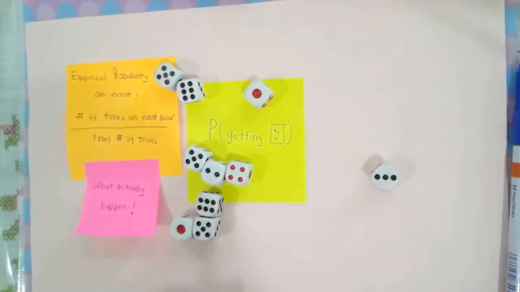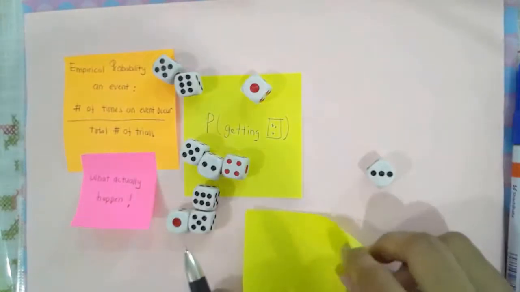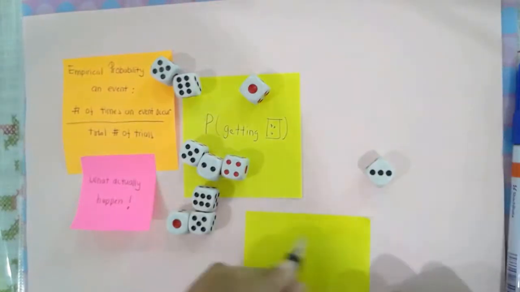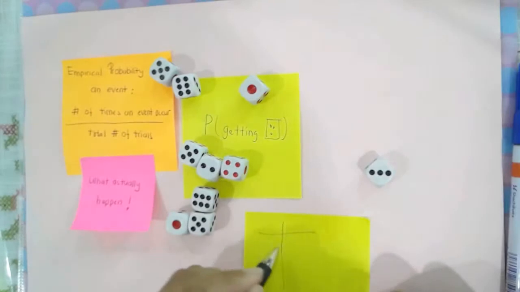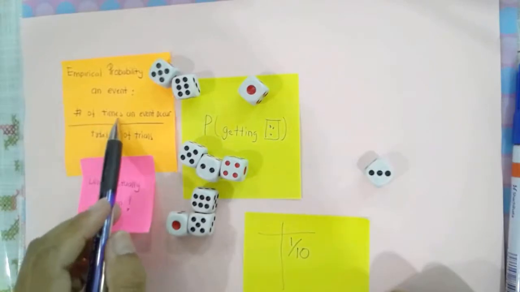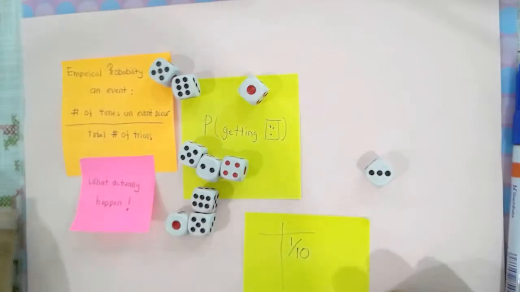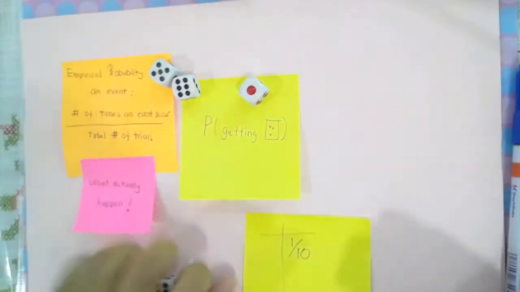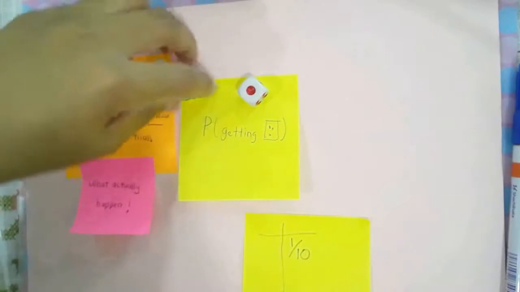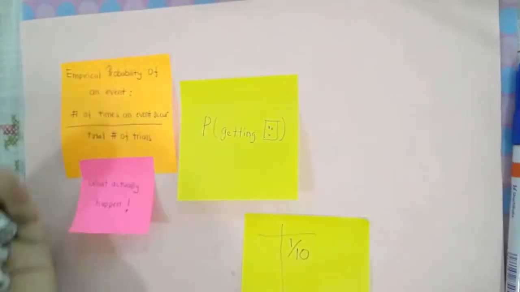Let us record our first experiment. From 10 trials, there is only 1 time I get number 3. Let me repeat for the second time. Do you think that we will get the same result? Yes, definitely not.